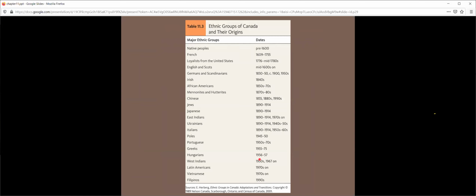Here is a list of your immigration groups throughout time in your major ethnic groups. You had native peoples, pre-Columbus dominant, and then the French started moving over here, took over the southern United States, what have you, took over a lot of Canada, settled all that.